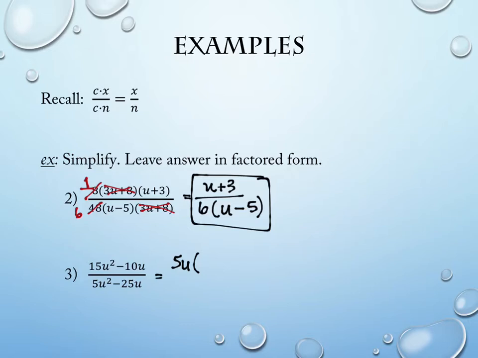So if I take 15u squared and I divide by 5u, what am I left with? A 3 and a u, so 3u. And if I take negative 10u and I divide by 5u, what am I left with? A negative 2.